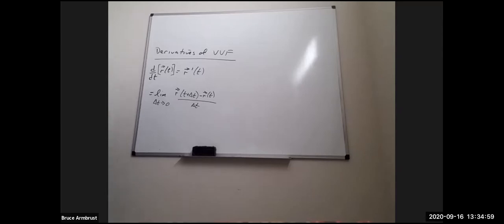So again, go back to what we've seen before. This is the exact same definition of the derivative that you got in the first week or two of calculus, right? Go back to last year or whenever it was. You saw the same thing except without vector value functions. So just regular functions. So we're going to do exactly the same thing. We're going to look at these and see what happens to them.